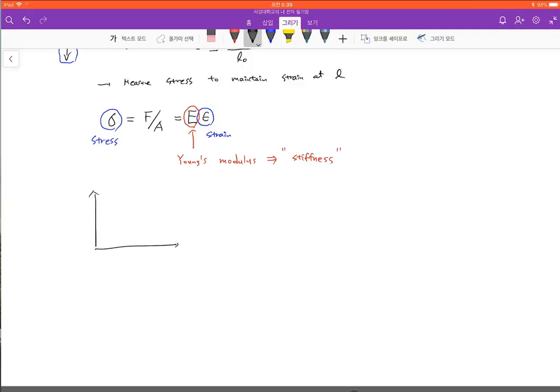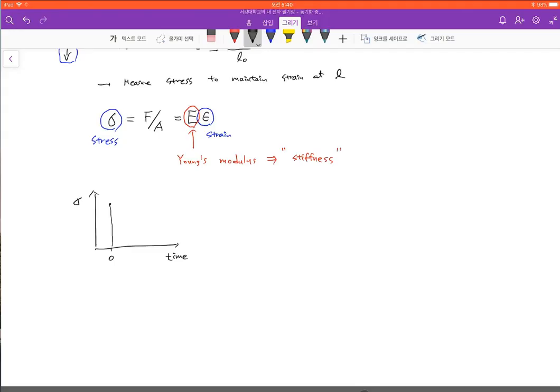So let's consider two different cases. First, you apply a certain fixed tensile strain and you measure stress as a function of time. At time 0, since you apply a certain strain, they'll afford a certain amount of stress, right?